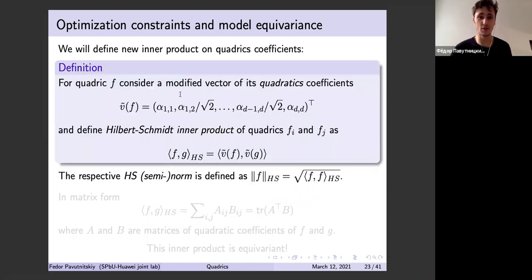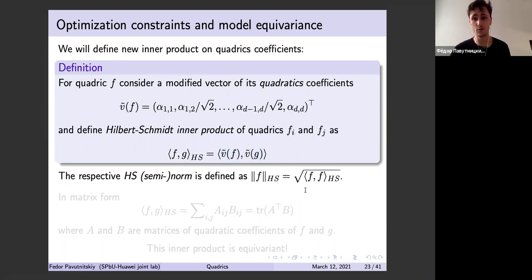So instead of considering the vector of all coefficients of each quadric, we want to consider the vector of its quadratic coefficients, also with some rescaling multipliers on the non-diagonal entries. We consider only this vector of quadratic coefficients, and define the Hilbert-Schmidt inner product of the quadrics just as the scalar product of this quadratic part.